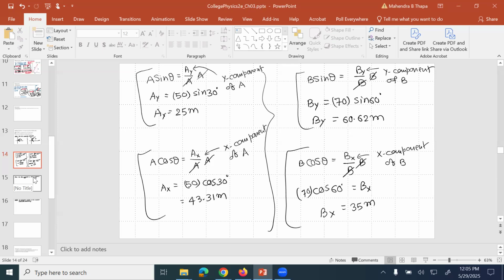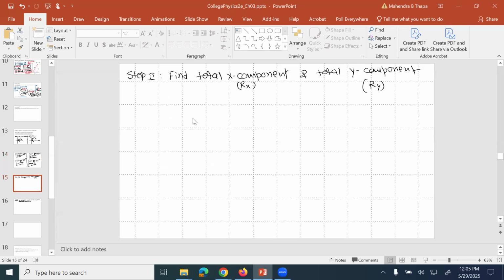Okay, the next step is to find the total x component and total y component. Let's start with the total x component, which I call Rx. Rx will be the sum of AX plus BX.